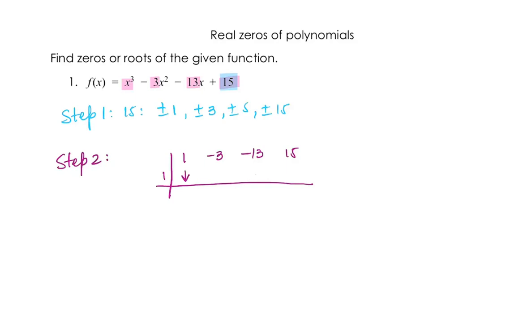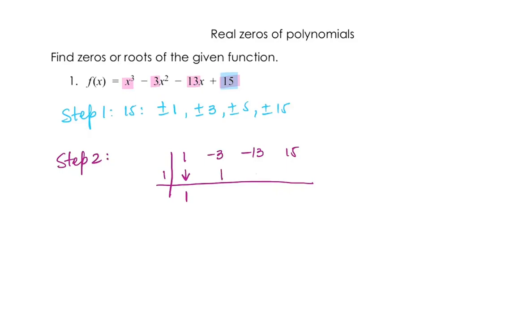We just put the first integer down, and then we'll start multiplying by the number right in front of it. So 1 times 1 is 1, and we put it right here. Now we add these numbers. -3 plus 1 is -2, and then we'll multiply the -2 times 1. That's -2.